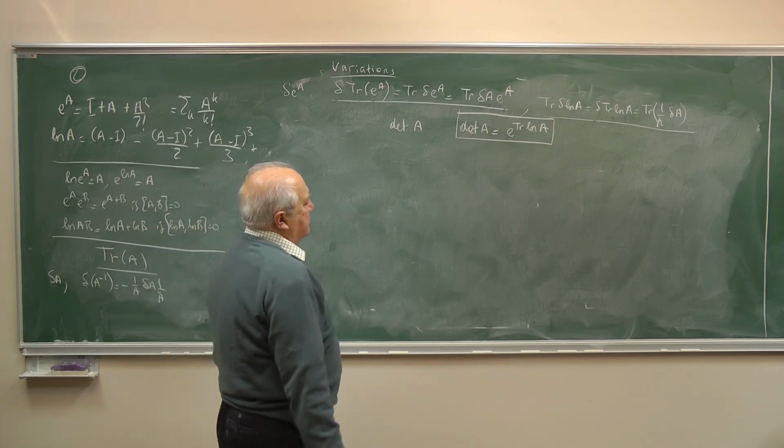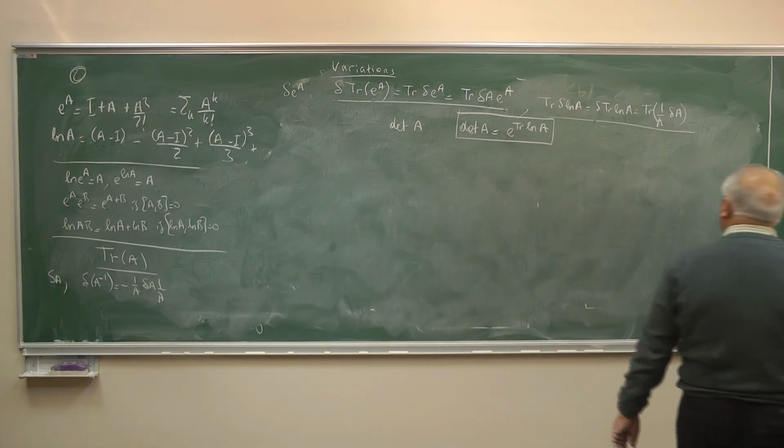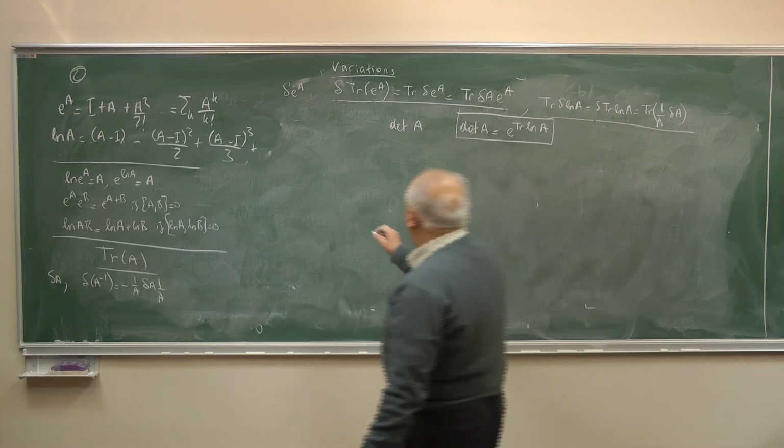Trace A is a number. So trace A and determinant A are two important numeric characteristics of a matrix. Let us look at determinant AB.